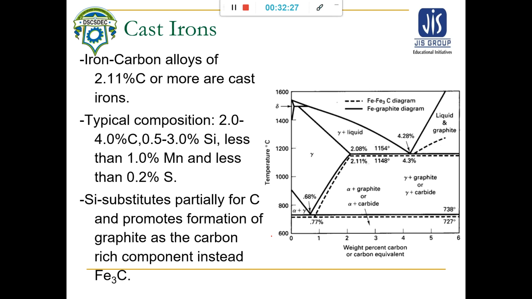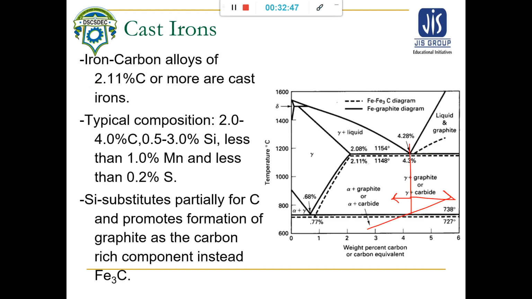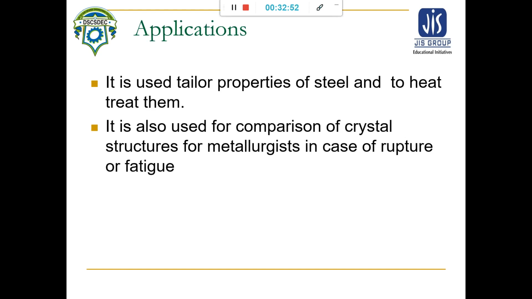In the case of cast iron, there is a eutectic reaction, and this is the eutectic reaction point. This side is known as hypoeutectic cast iron, and this side is known as hypereutectic cast iron. So these are the cast irons and typical compositions of the cast irons.